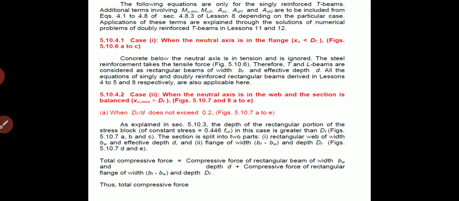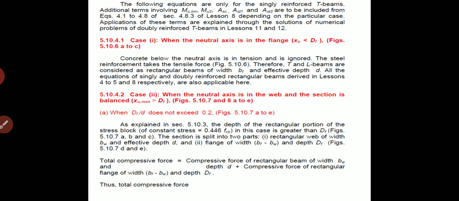Case first, when the neutral axis is in the flange, Xu is less than depth of flange. Concrete below the neutral axis is in tension and is ignored. The steel reinforcement takes the tensile force.